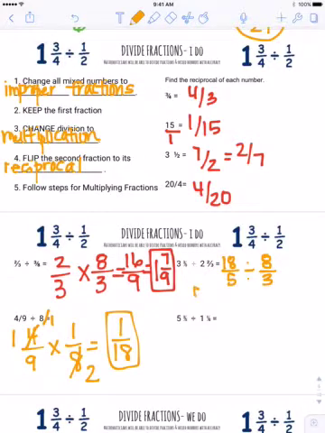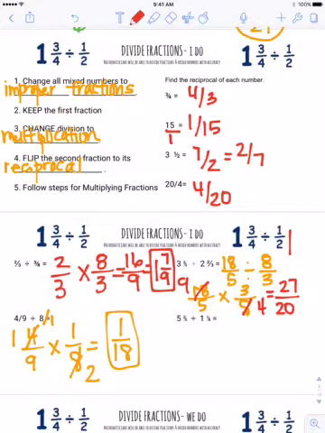Now I think to keep, change to multiplication and flip, cross cancel, so 8 and 18 can both be divided by 2, so I get 4 and 9. Multiply across, 9 times 3 is 27, 5 times 4 is 20, and you'll notice again that's improper. So 20 goes into 27 one time, that leaves me 7 left over 20, and that is in simplest form.